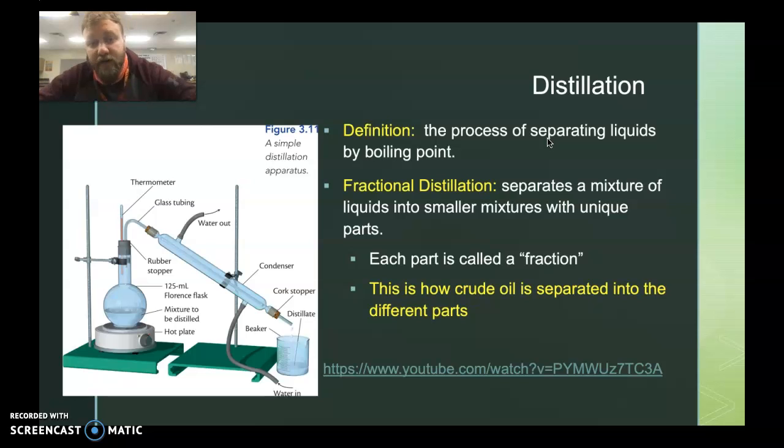If I'm trying to distill water, I know I'm going to get water once I get it to 100 degrees Celsius. It's going to start boiling, and whatever gas is given off is going to be that of pure water. And then eventually we condense it down, by putting it through a cold tube, and then it becomes that pure water.